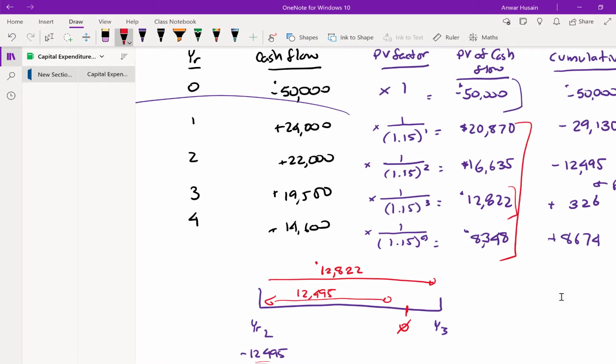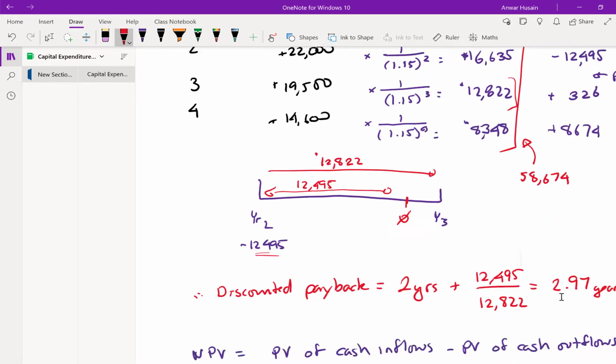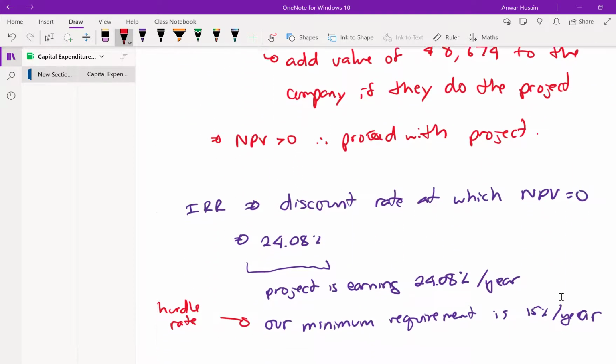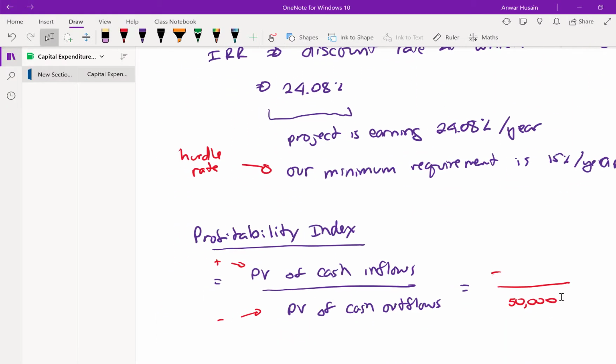I would just add up all of these numbers here, and as a result I get cash inflows of 58,674. So if I took all of the cash flows for those 4 years and discounted them to today's dollars, I get 58,674. And then I end up with a profitability index of 1.173.